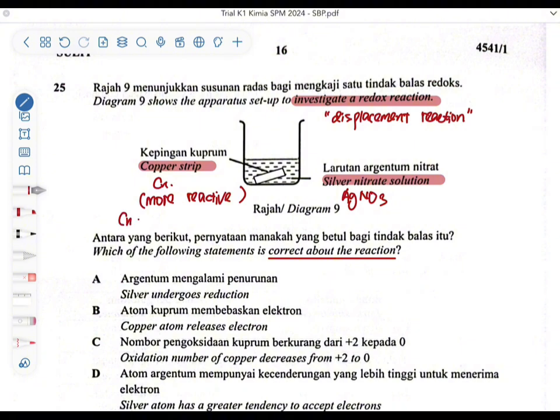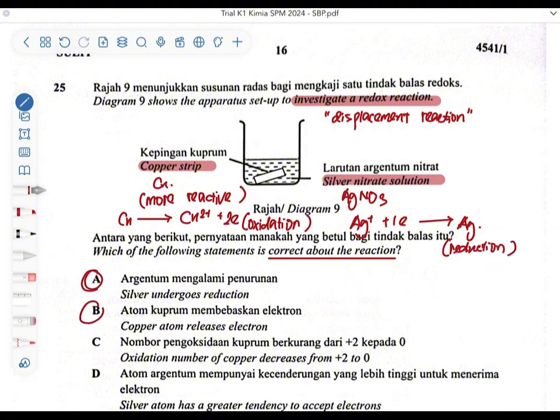Copper is going to release 2 electrons, and then the silver ion will get 1 electron to form silver. When the copper releases the 2 electrons, it is oxidation. So automatically the silver ion undergoes the reduction process. So A is correct.